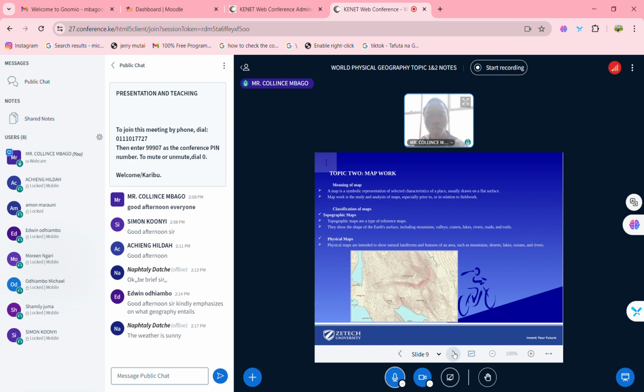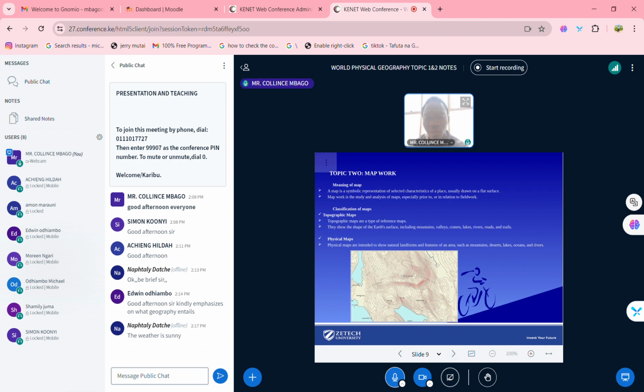Then we have classification of maps. Maps are classified in different ways. We have topographic maps. Topographic maps are a type of reference map. They show the shape of the earth's surface, including mountains, valleys, craters, lakes, roads and trails.